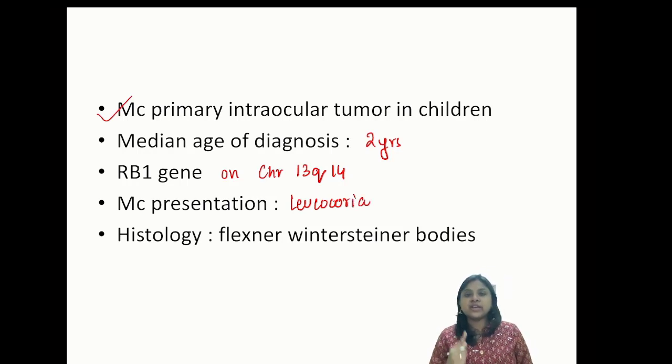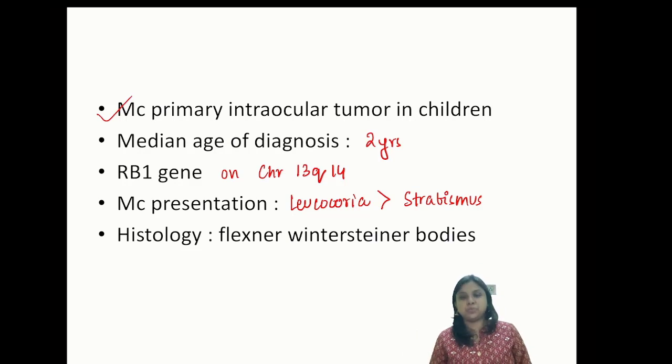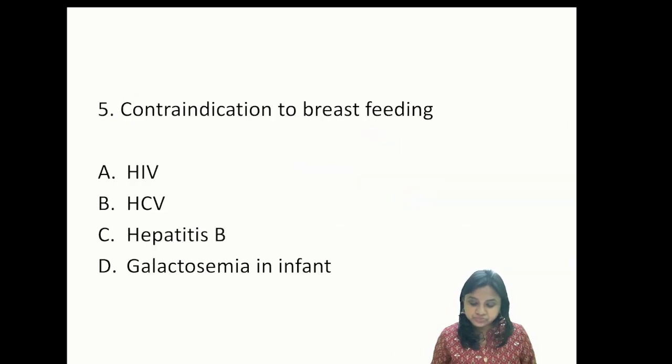Now, if leukocoria is not given in your option, the next best option is going to be strabismus or squint. In histology, you are going to get true rosettes, which is known as Flexner-Wintersteiner bodies, right? And remember, retinoblastoma is radiosensitive. But what we do, we give a good chemotherapy for treatment.